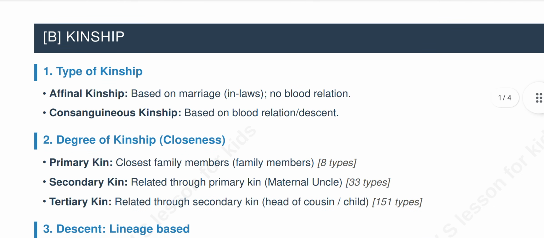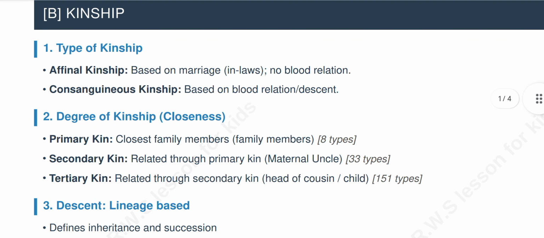Next, let's move on to kinship. First of all, let us understand what kinship is. The relations or bonds of blood or marriage which bind people together in a group is called kinship. Now let's see the types of kinship.